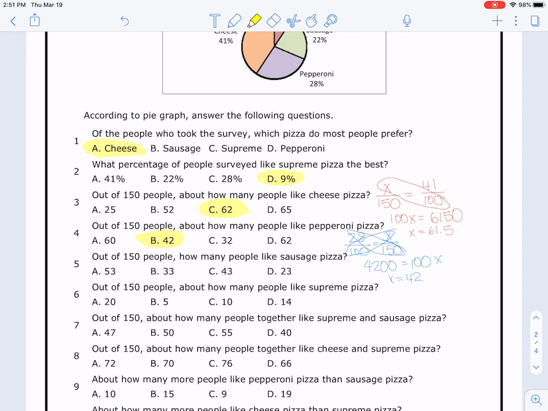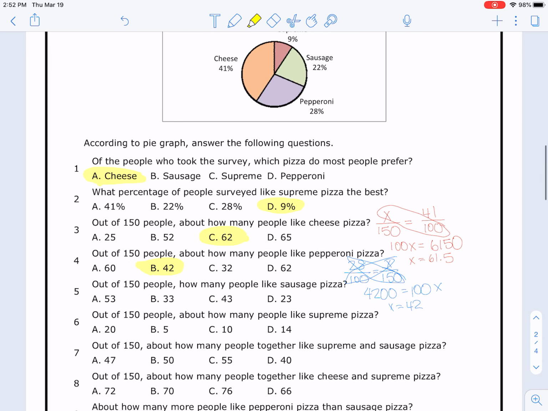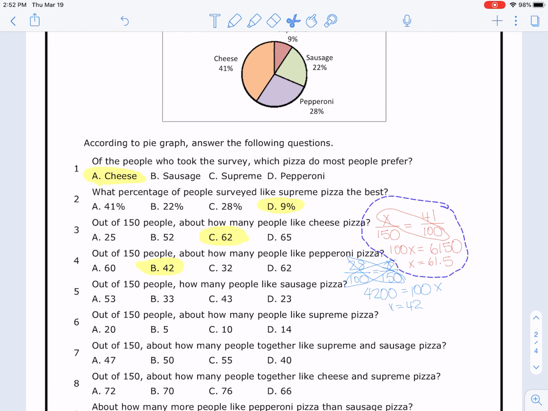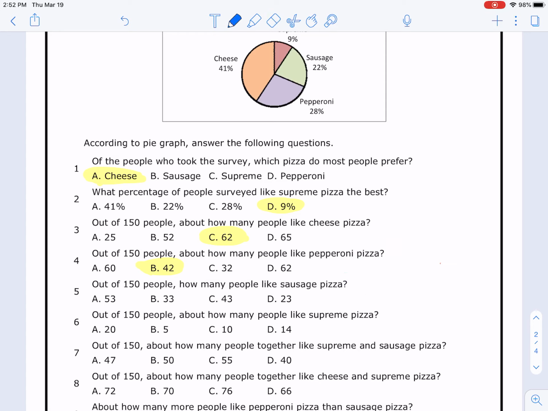Number 5, out of 150 people, how many people like sausage pizza? So now sausage is going to be 22%. Let me just get some more space. Or I'll just erase it. So for number 5, we're going to do the same thing.